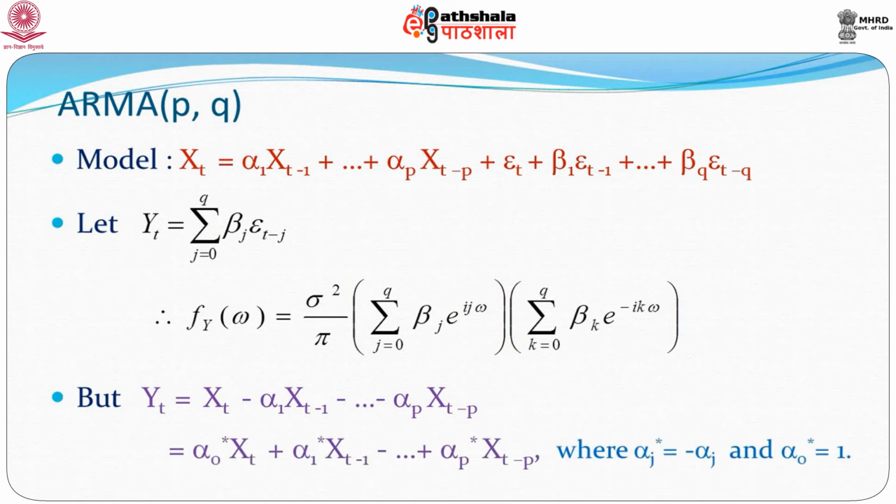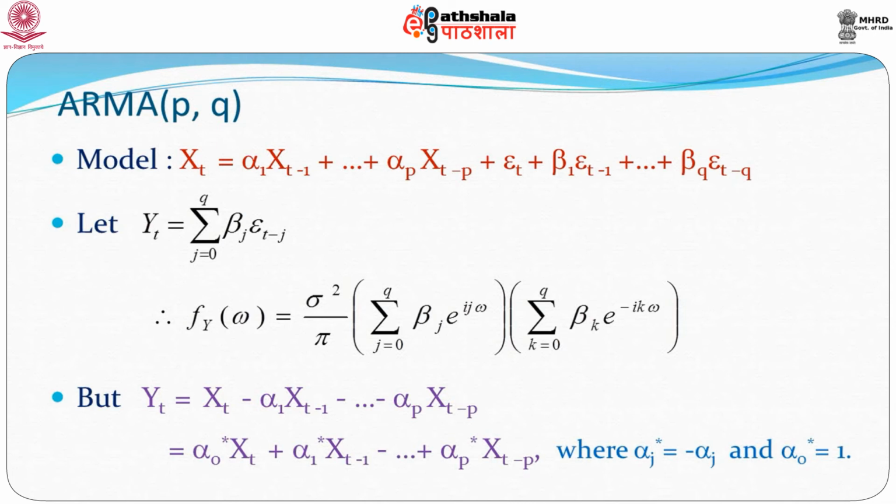And let us write this as alpha_0* x_t plus alpha_1* x_{t-1} etc., where alpha_j* is minus alpha_j and alpha_0* is equal to 1.